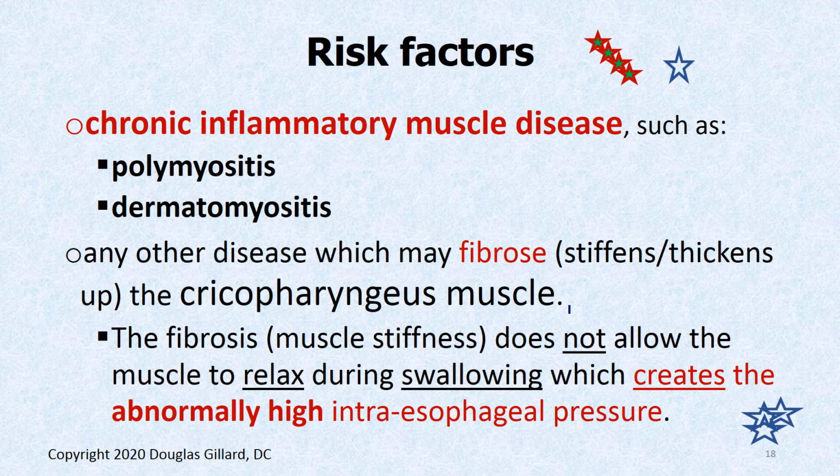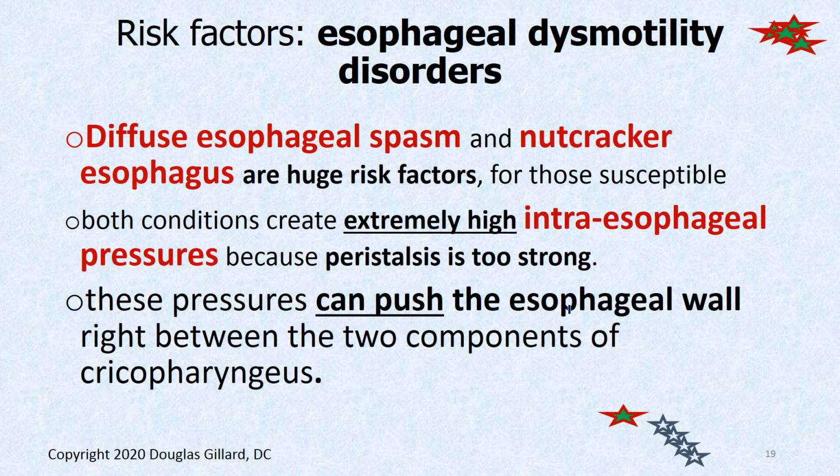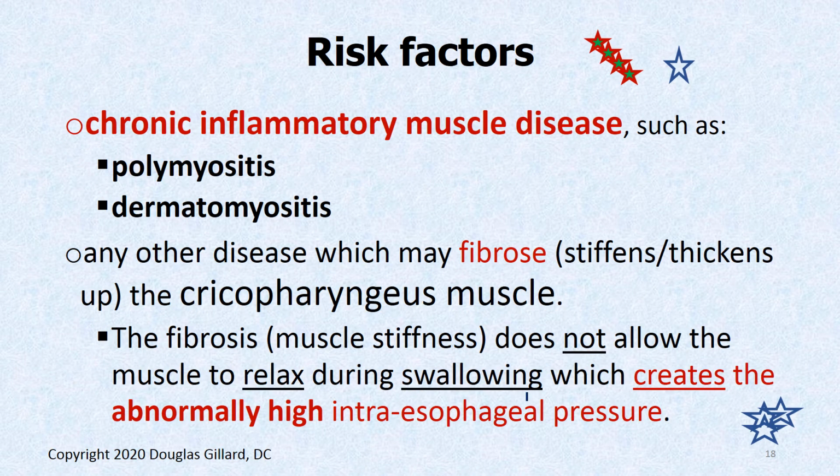So that's kind of thought to be the cause of this fibrosis. And of course, when you swallow, if it has no give, it creates really high pressure in the esophagus, and it can push right through it.